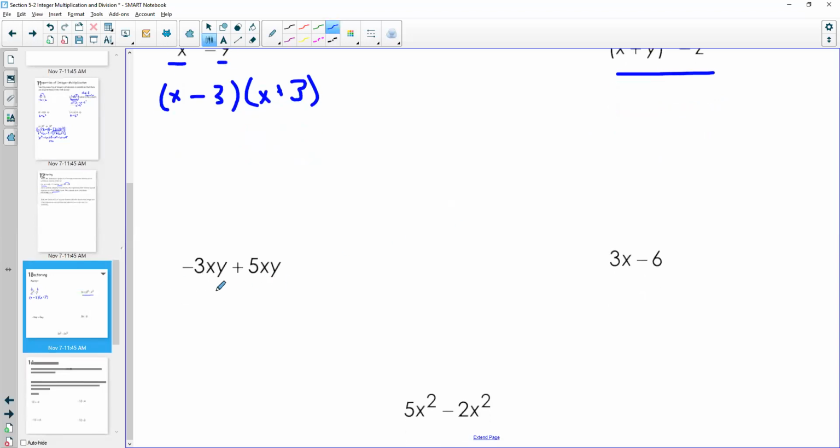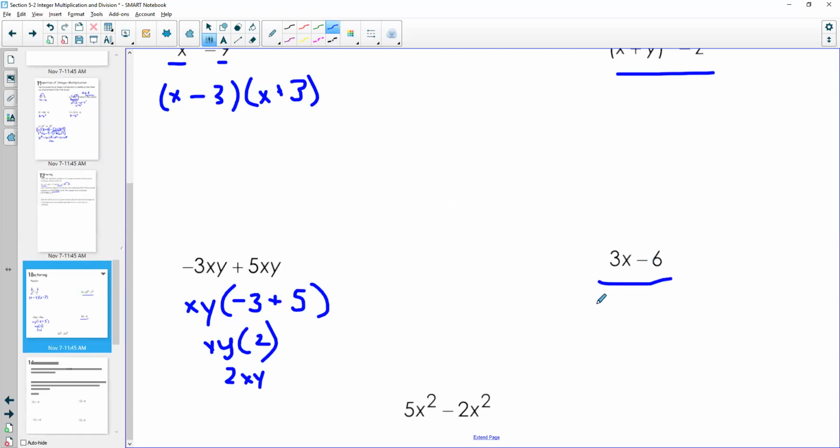What's the common term here? Well, it should be x, y, right? They both have that. That leaves me minus 3 plus 5 in parentheses, which you can simplify. So I get xy times 2 just gets me 2xy. All right, what's the common term here?